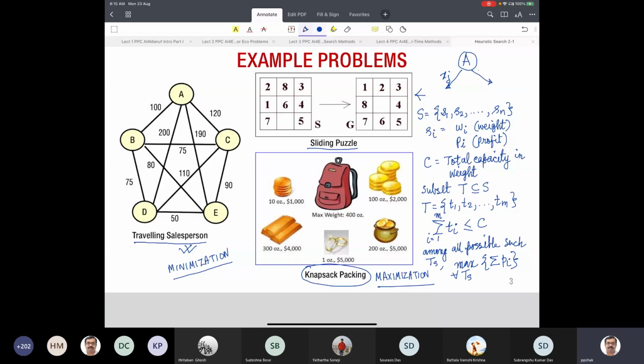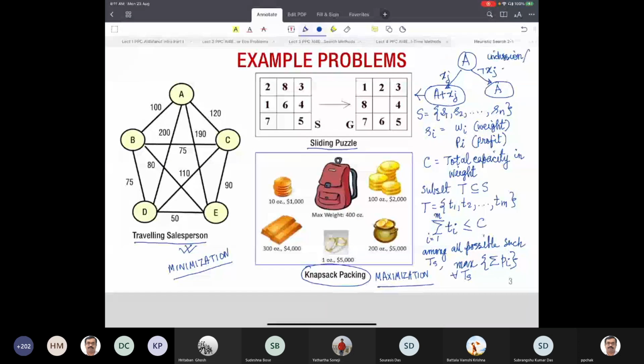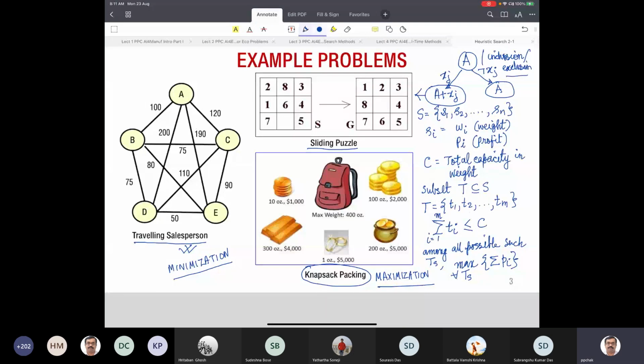So here I add xj to it, and here I retain A. So I use what is called the inclusion exclusion principle to create the state space.